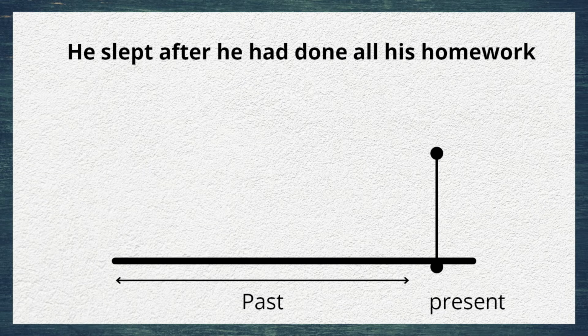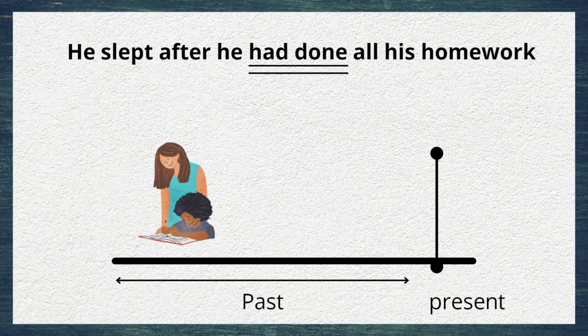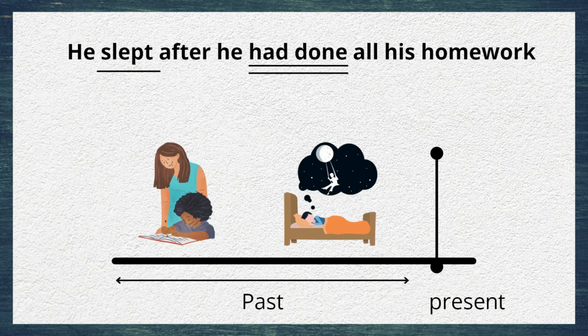So he slept after he had done all his homework. So through the context, you should know which action happened first. So he slept, okay, after he had done all his homework. So the action that happened first was doing the homework. So he had done, and then he slept.